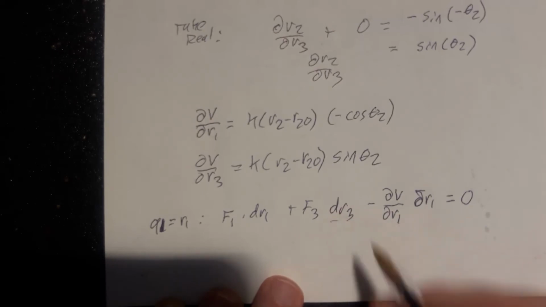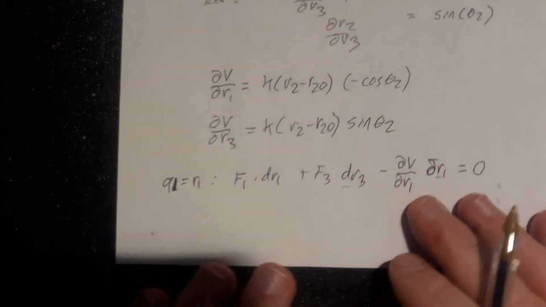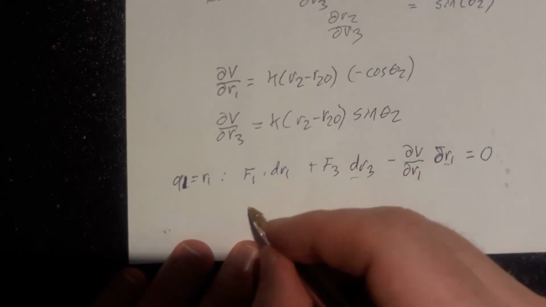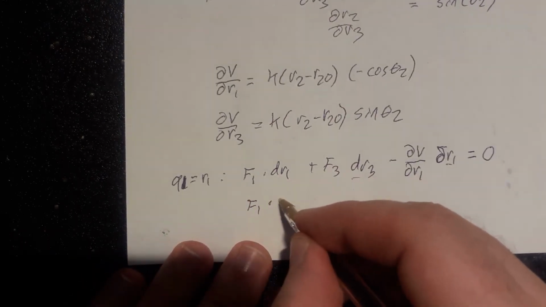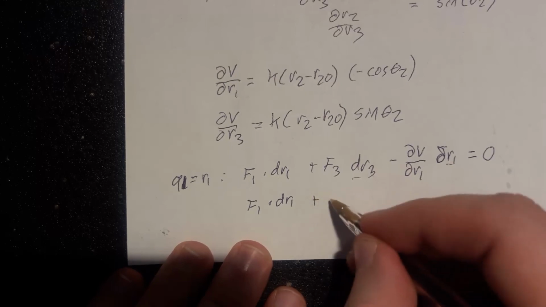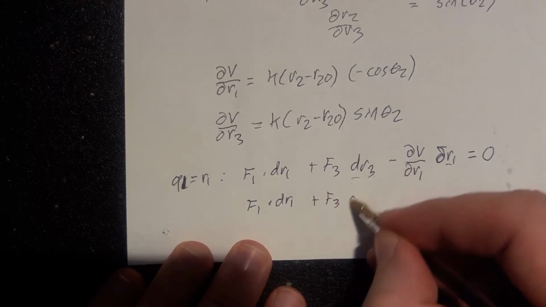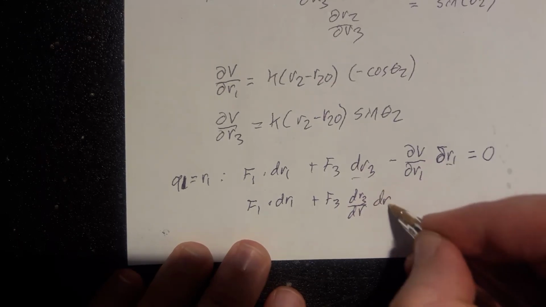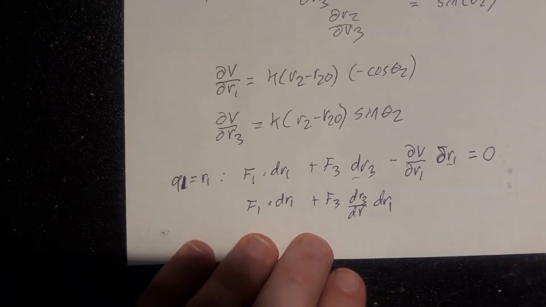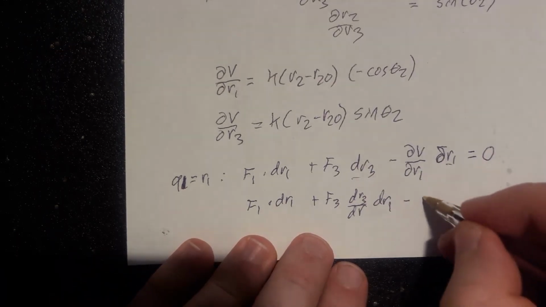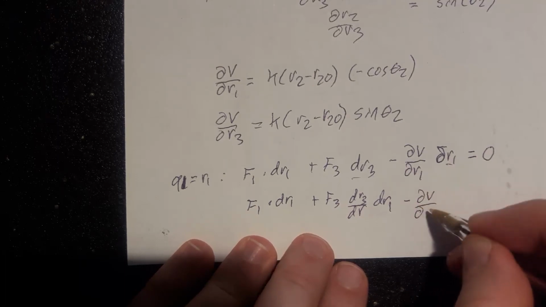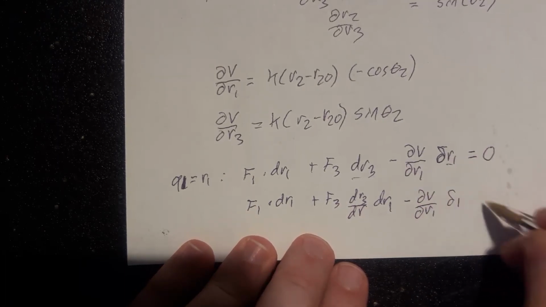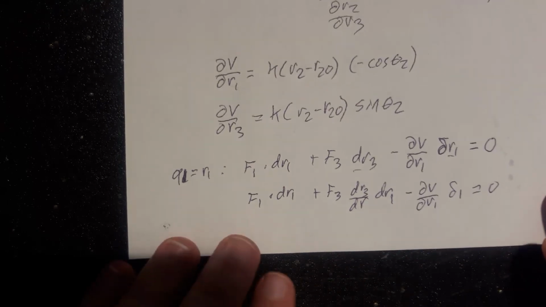Now this one doesn't have the same dr1, and so what we have to do with that term is F1 dr1 plus F3 dr3/dr1 dr1, that's just a chain rule sort of thing, and then minus dV/dr1 dr1 equals 0.